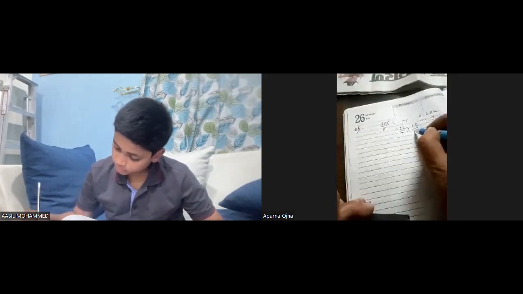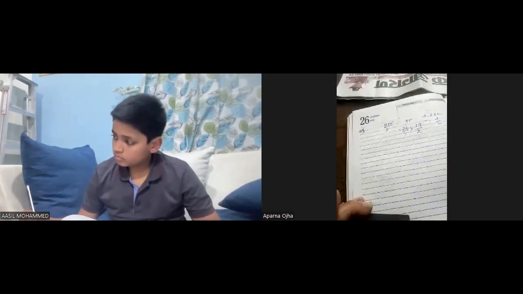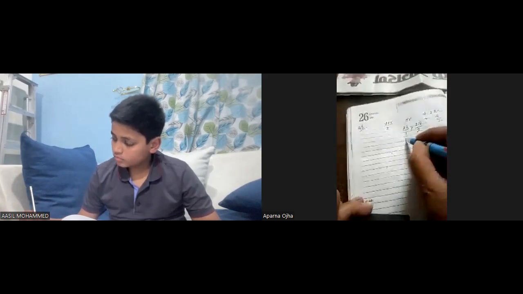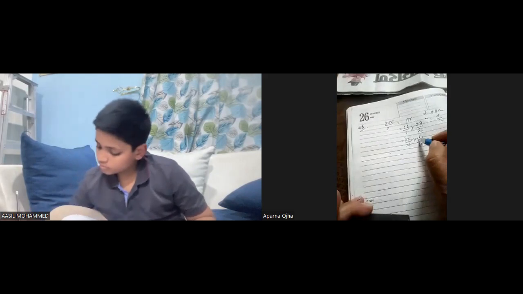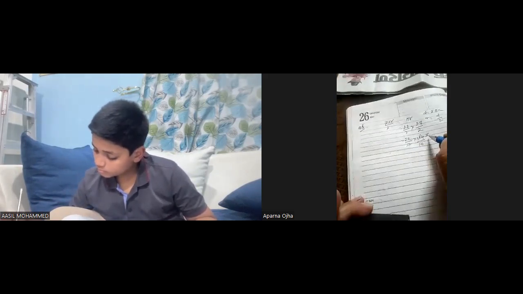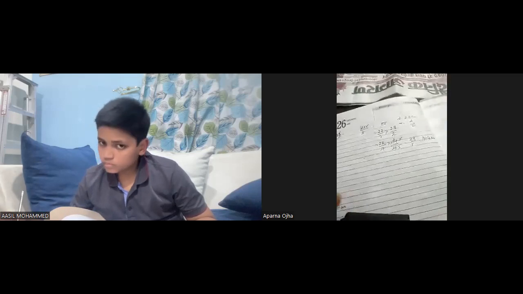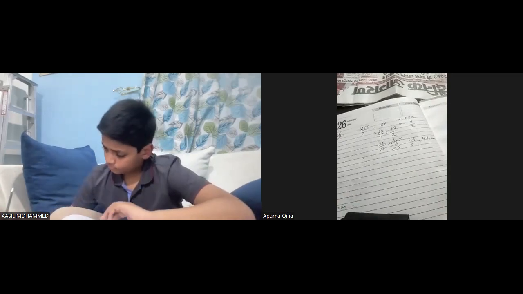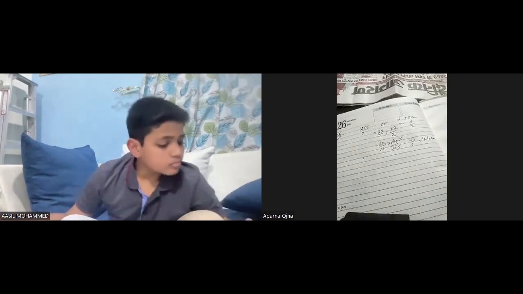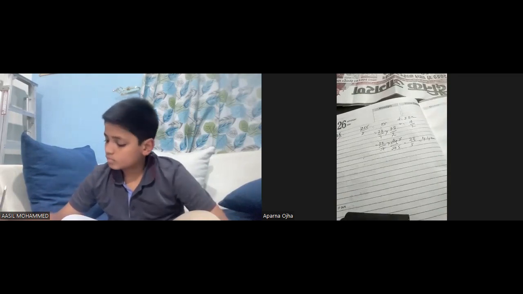That is 2.8 divided by 2. It will be 4.4 centimeter. 4.4 centimeter.